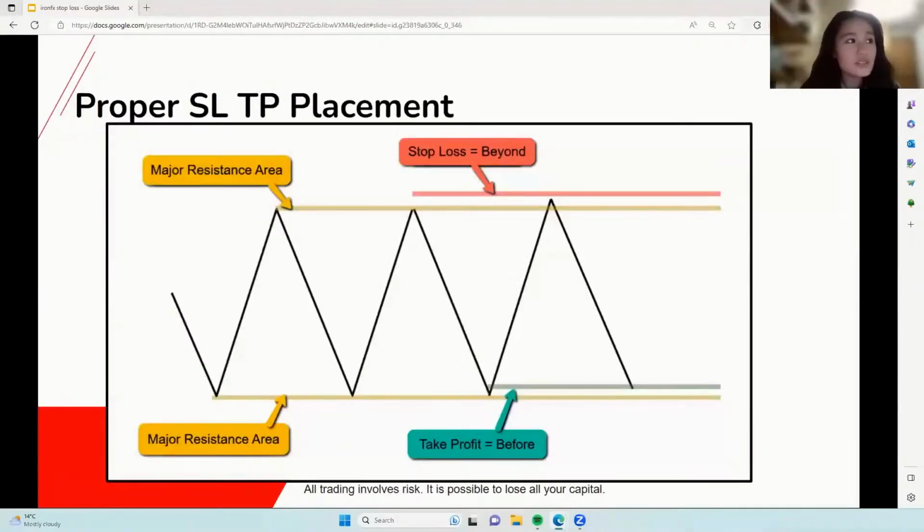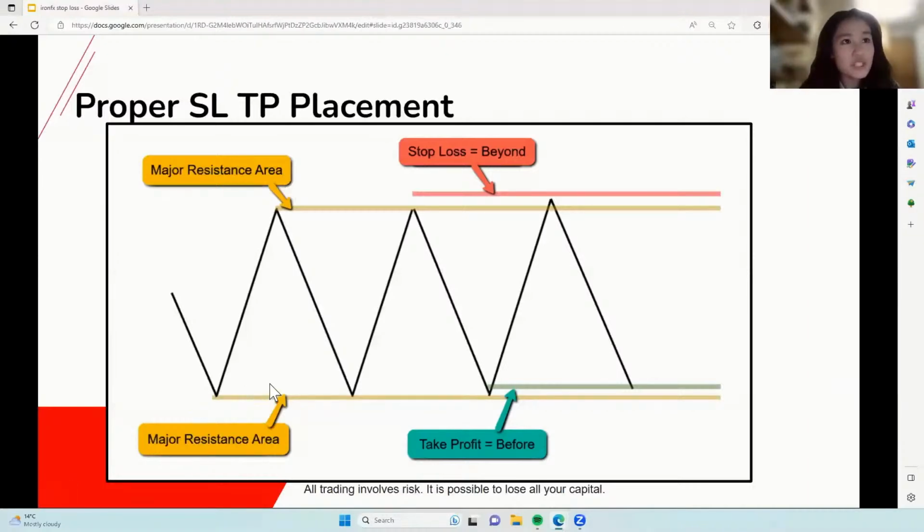Okay, so this is the general idea for stop loss and take profit placement. This is what we meant earlier by beyond and before. For a stop loss, we would typically recommend you place it beyond a major support area, or resistance.